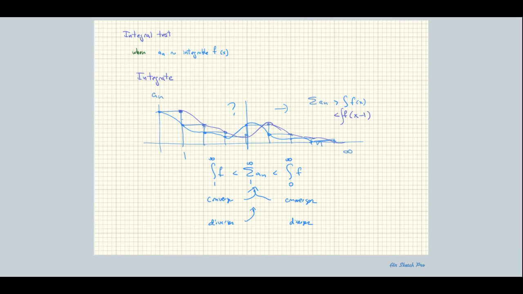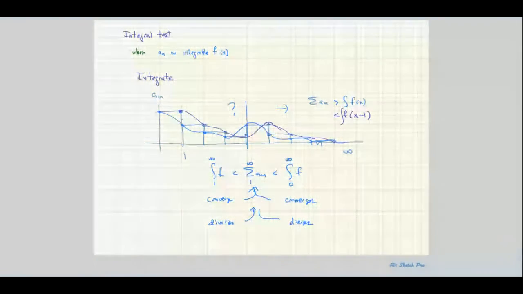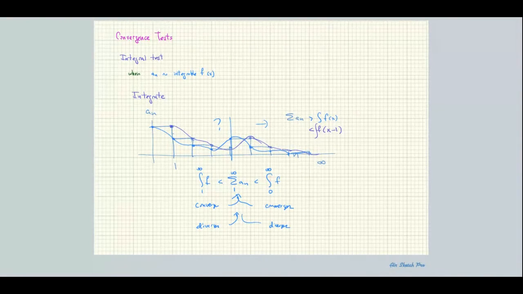And that is going to force this to diverge, because either the integral shifted is going to be less than the sum, or the integral shifted is going to be greater than the sum. In either case, the shifted integral is going to converge or diverge the same way as the unshifted integral. And so you don't have to worry about proving whether it's less than or greater than, because that's a really finicky part of the proof.